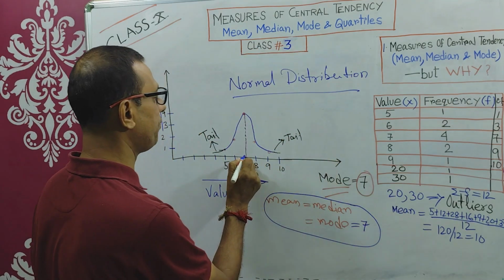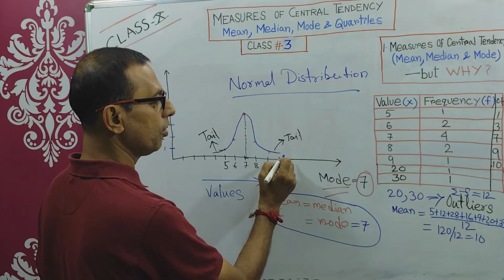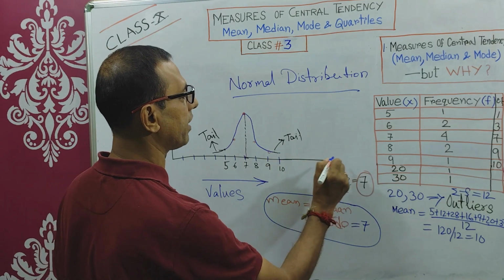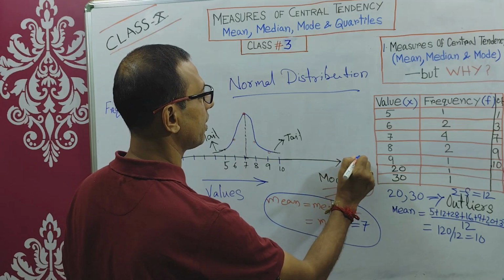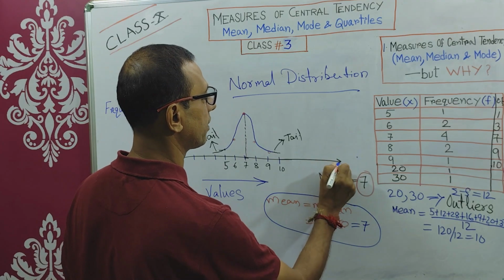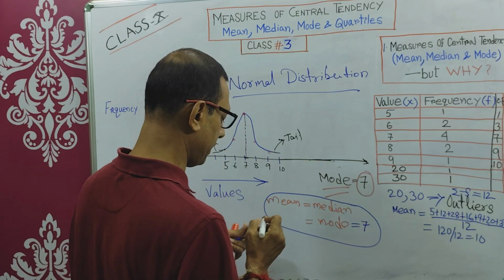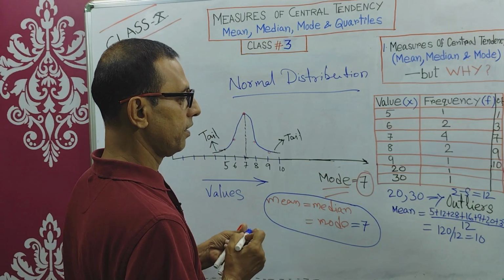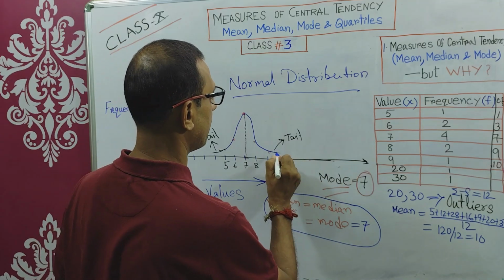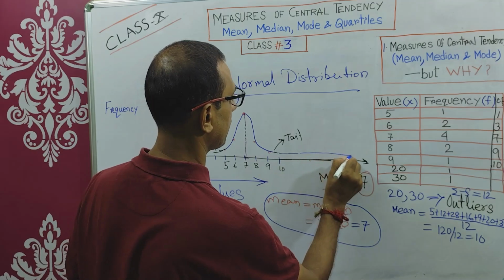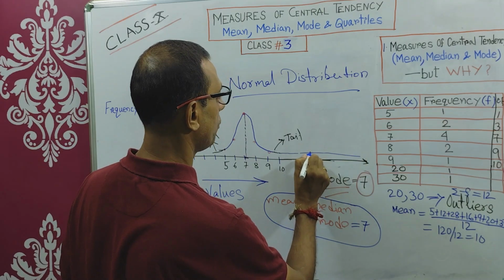So the mean will deviate because the 20 and 30 data points will be far away from 10. If I extend the x-axis like this, the 20 and 30 points will extend in this direction with frequency 1.